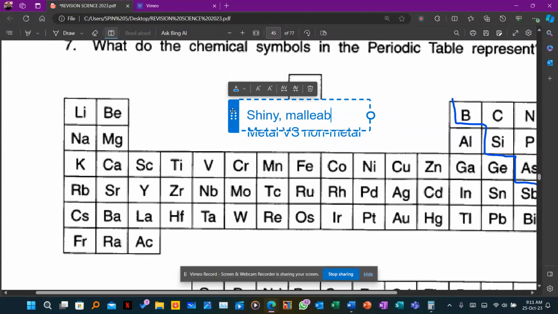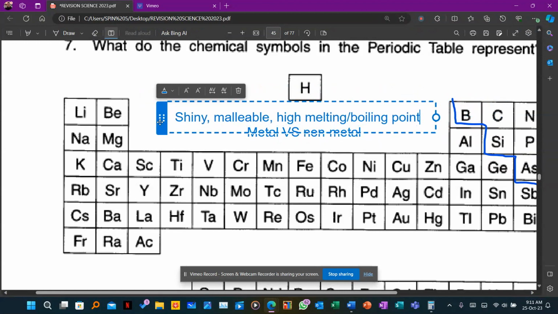Metal is malleable, which means you can hammer it until it becomes a different shape. It also has high melting and boiling points, which means that to transform a metal into a liquid, you have to heat it at a very high temperature.